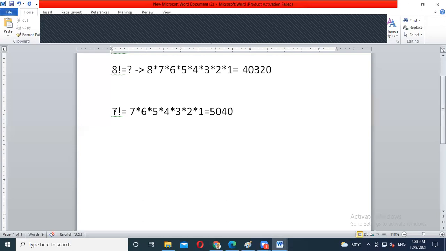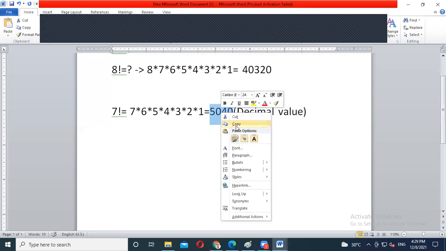So this is what we are doing here. We are doing this in decimal, right? But what is the hexadecimal of 5040? So this is the decimal value. Right. It is the decimal value. So what is the hexadecimal value?